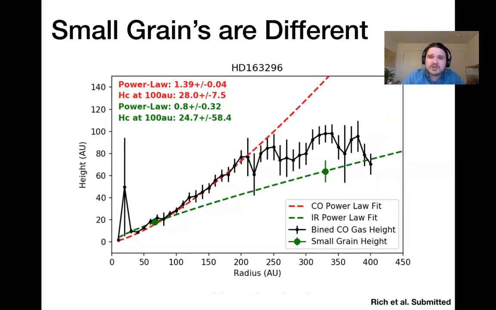We see a similar trend for HD 163296, again showing the 12CO gas in black and the two rings in green. The emission layer of the 12CO gas and the scattering surface of the small dust grains is similar at small radius, but different at larger radii.